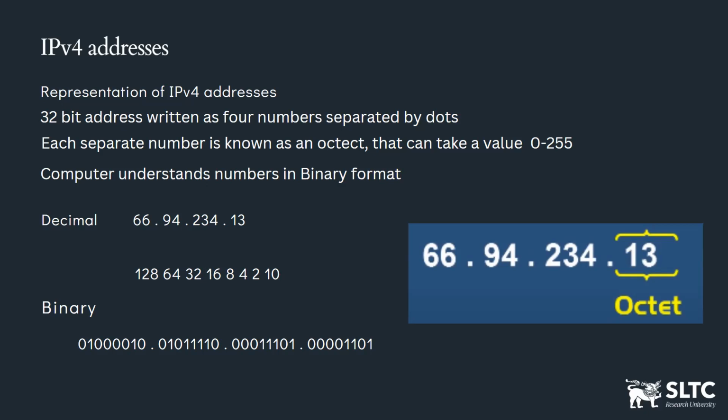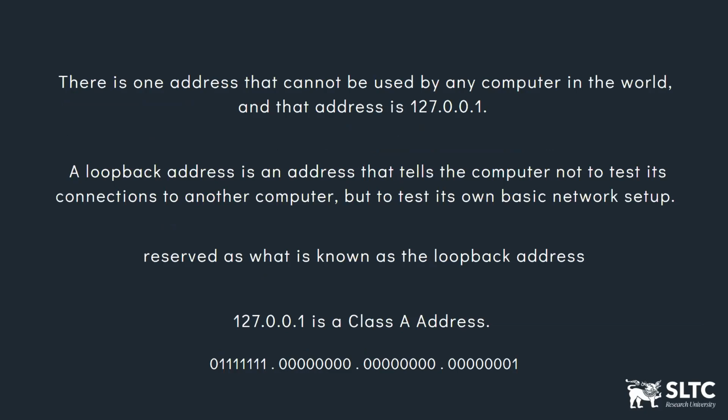And then we can convert the entire IP address into the binary format, right? So there are 4 octets in the IPv4 address.